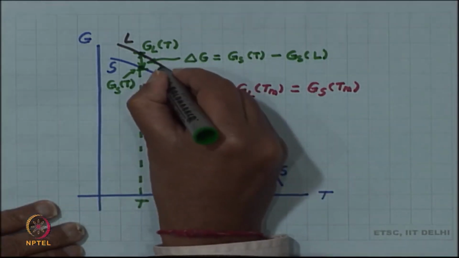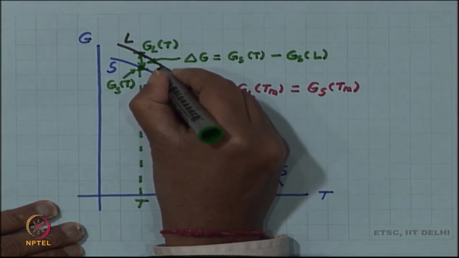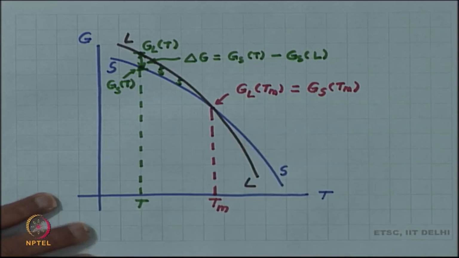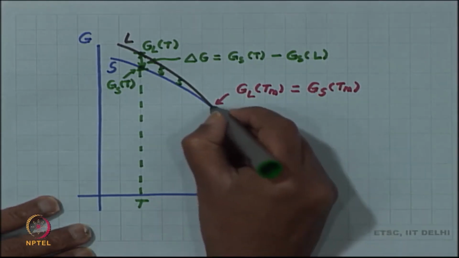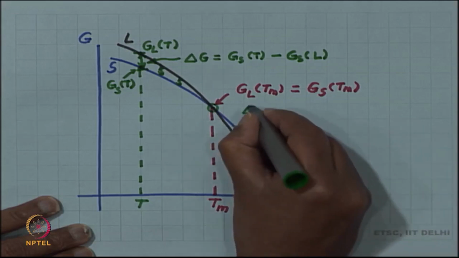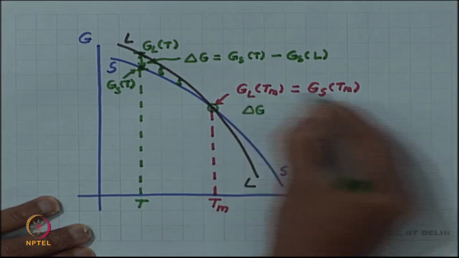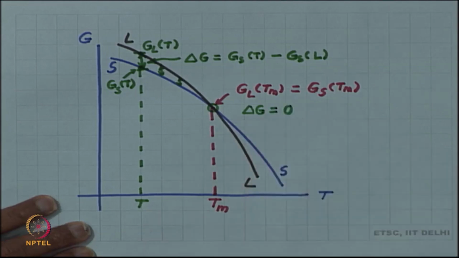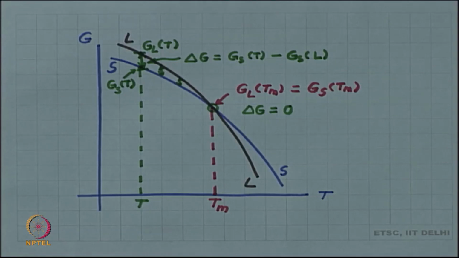If T is closer to the melting point, the driving force value will be lower, and exactly at the melting point the driving force is 0, delta G equals 0, because the two free energies are the same. The driving force is 0 at the thermodynamic melting temperature.